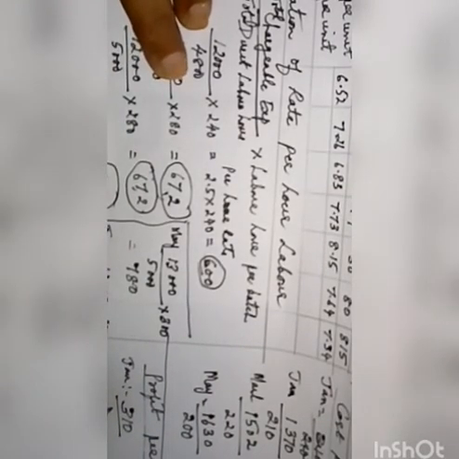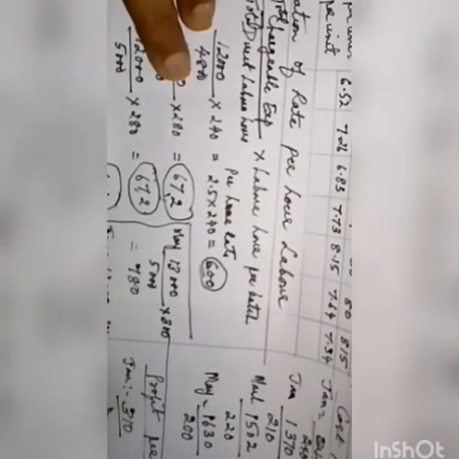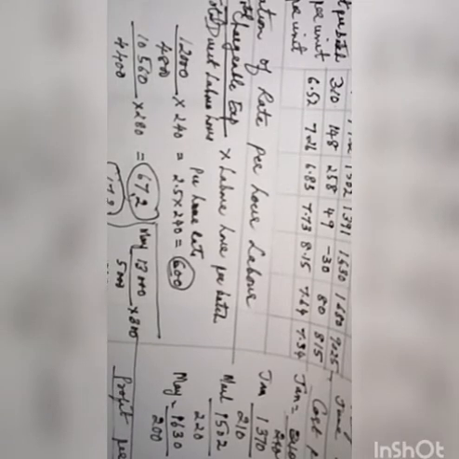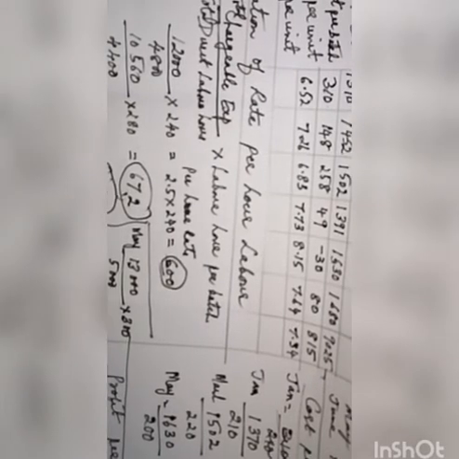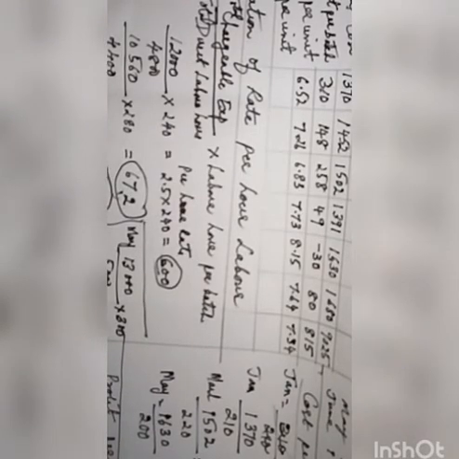So 310 divided by total number of units produced in this particular batch, 210, is equal to 1.47 or approximately 1.48. This is for January month.